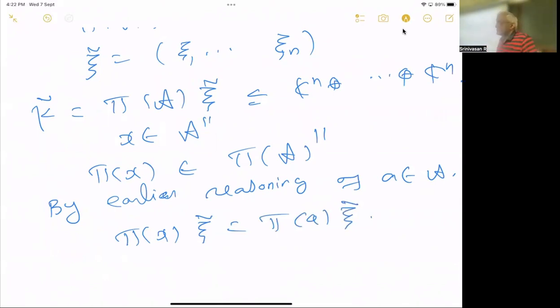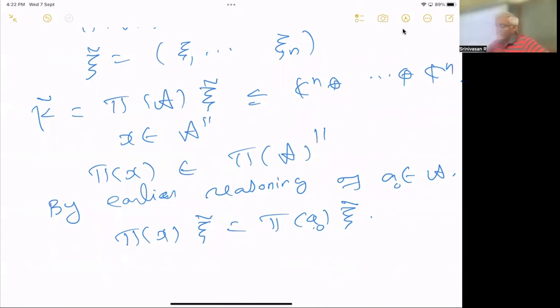There actually may be A naught. If you have anything in the double commutant, there is something in the original algebra A which coincides on a single vector. But here the single vector is an n-vector. We have taken the algebra to be pi of A, which is the tensor sitting there.